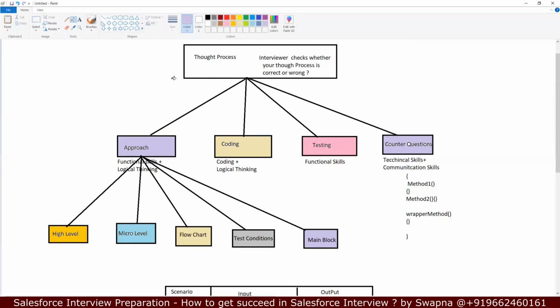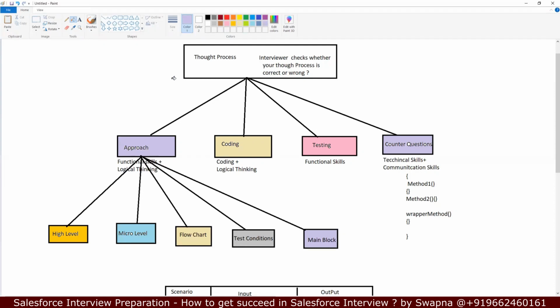Based on our approach, our coding, and the testing scenarios, the interviewer asks counter questions throughout the interview. During the entire process, they are going to ask you counter questions.